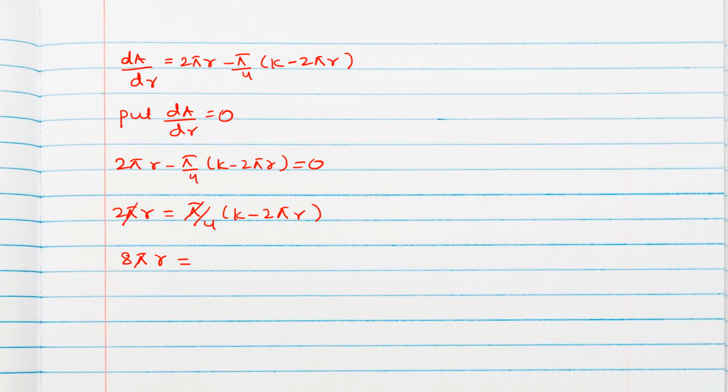Okay, so 8r equals K minus 2 pi r. So 8r plus 2 pi r equals K. r we can take common. So r value will be K by 8 plus 2 pi.